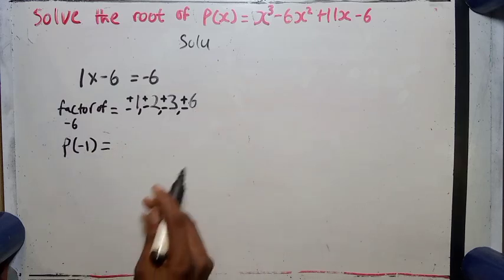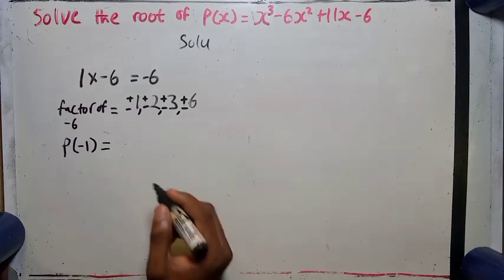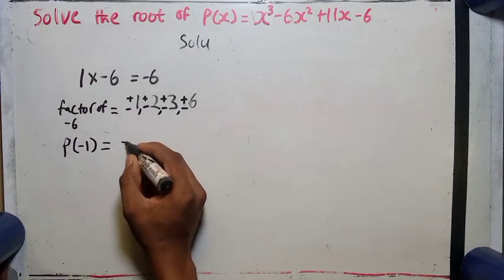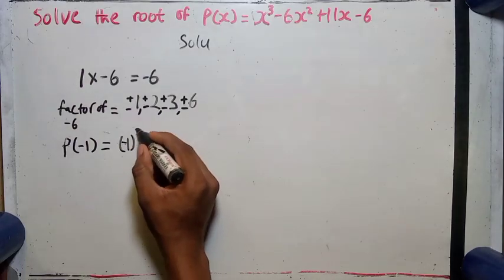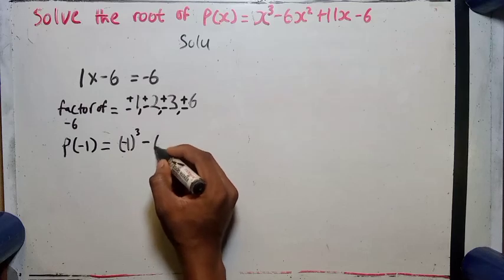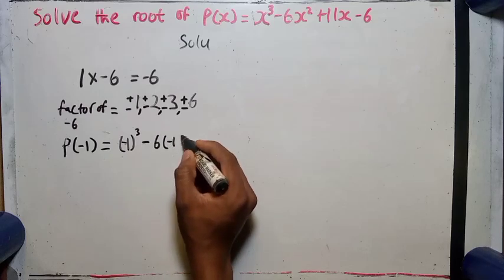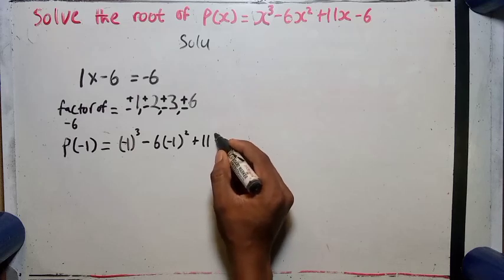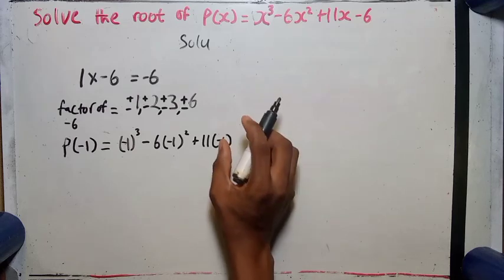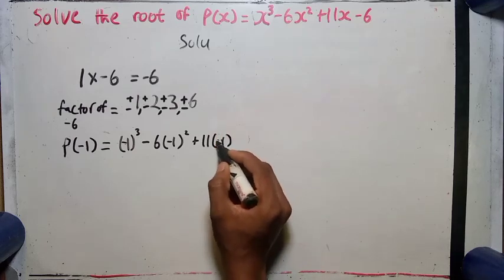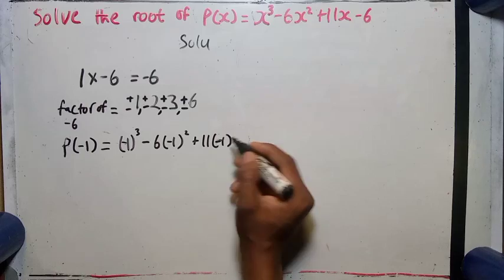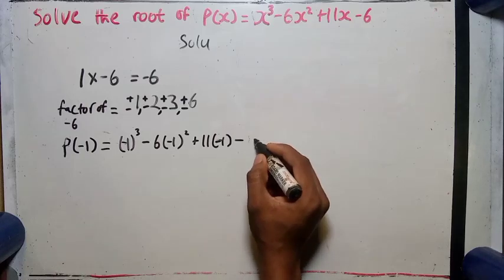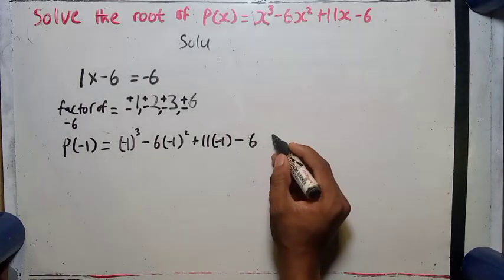If we impute -1 into the equation, we're going to be having -1 cubed minus 6 times -1 squared plus 11 times -1 minus 6.